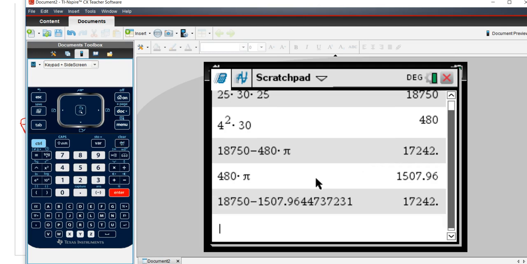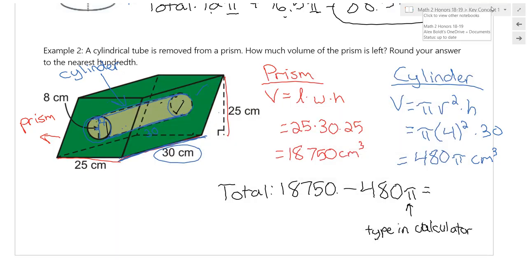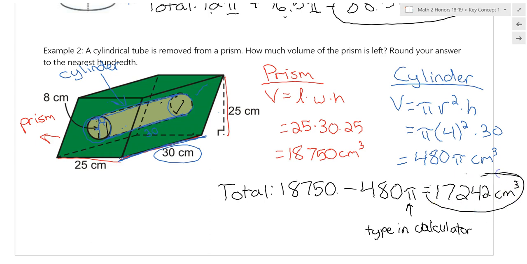Okay, this calculator is rounding weird, and that's fine. So I get 17,242 pi, or not pi, centimeters cubed. Okay, so we typed pi in our calculator, so we don't put it in our answer. Just 17,242 centimeters cubed.